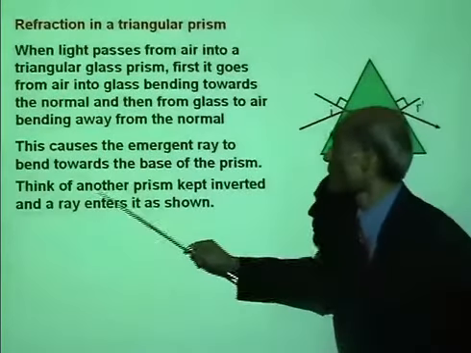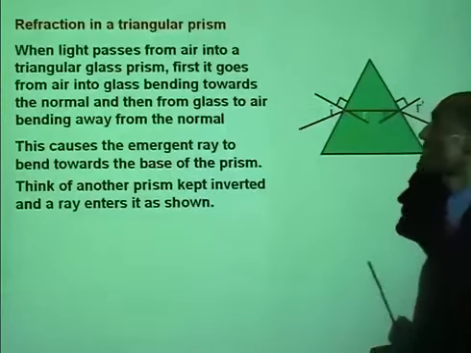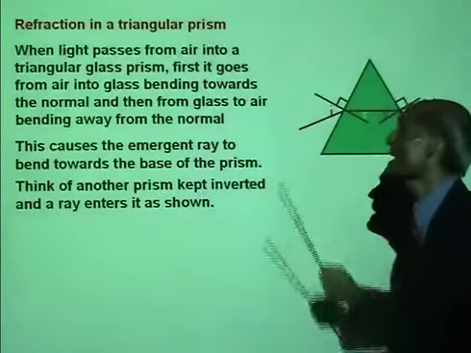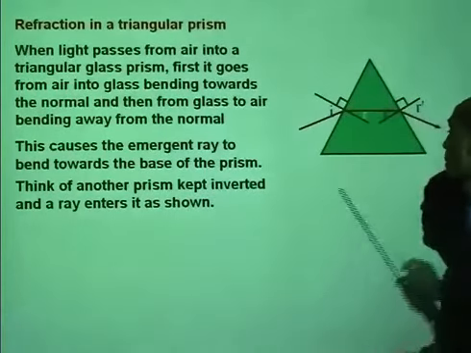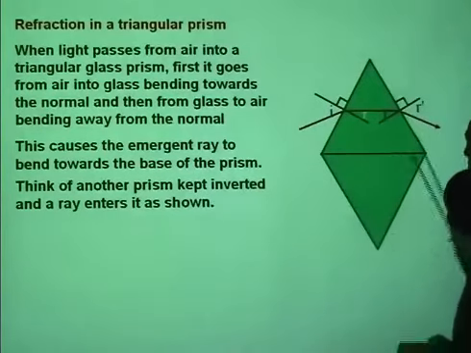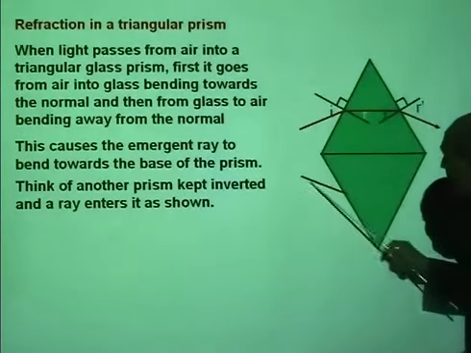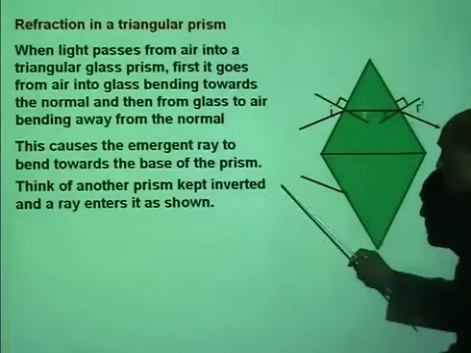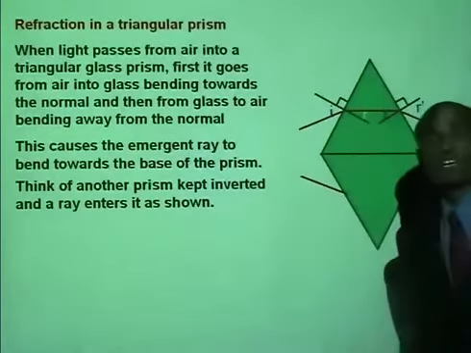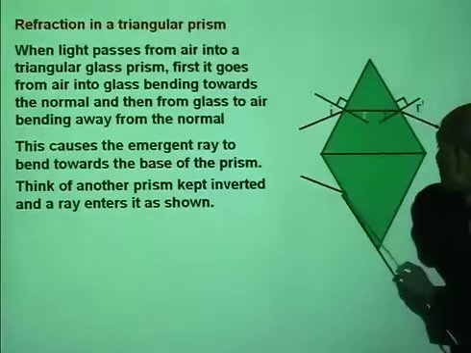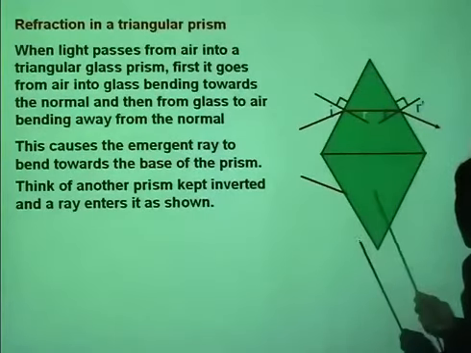Alright, think of another prism kept inverted and the ray enters it as shown. I have another prism, and if I have a ray entering that prism like this, can you trace out the path of that ray? How will that look?